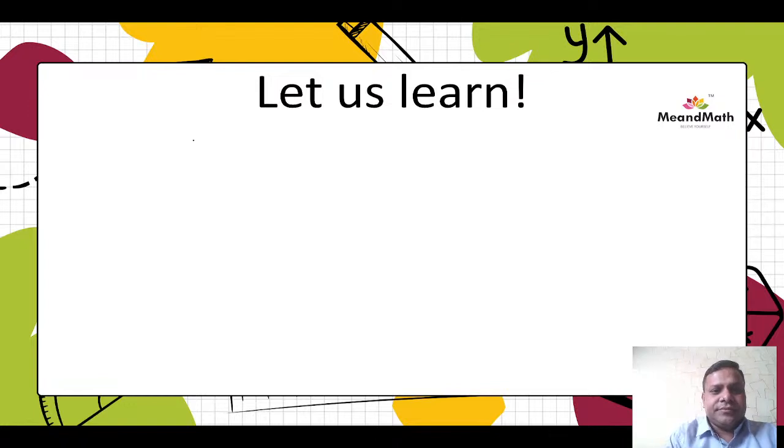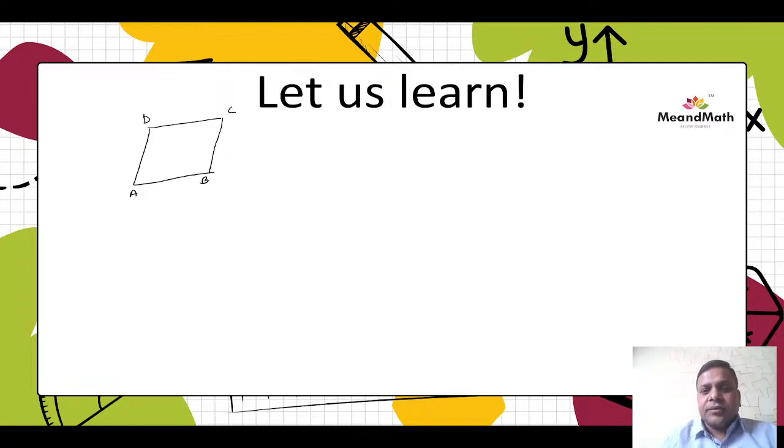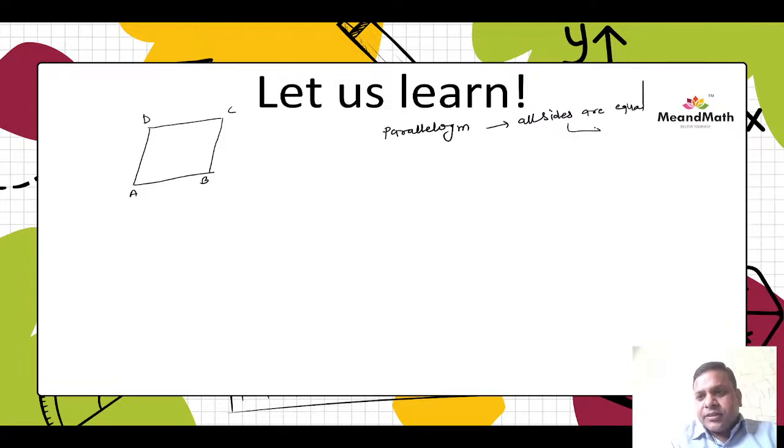Now, this is our quadrilateral. In a parallelogram, first, if all sides are equal, then it's a, yes, rhombus.